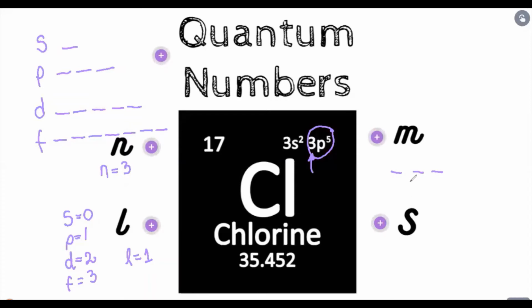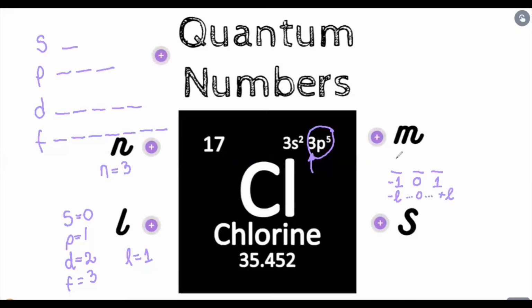Mathematically speaking, I start from the middle, which would be 0, and then I go from minus L, which would be minus 1 because we said that L was 1, to 0, and then to 1. So this would be minus L, 0, plus L.